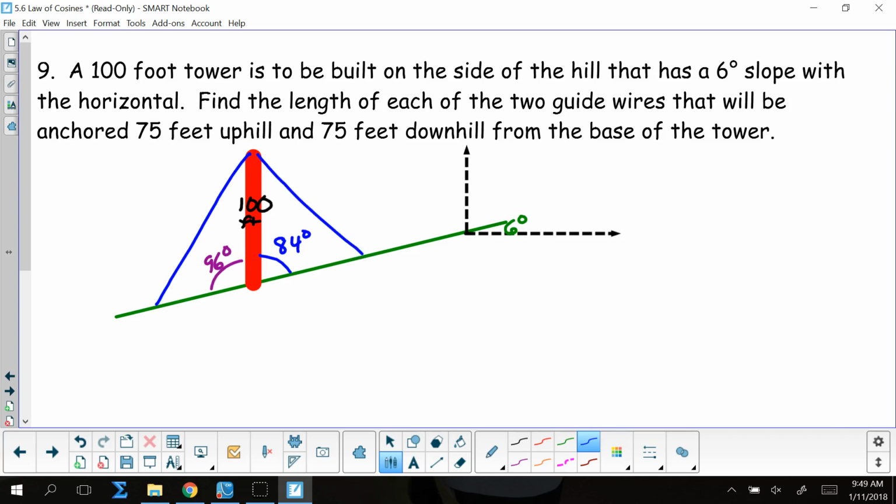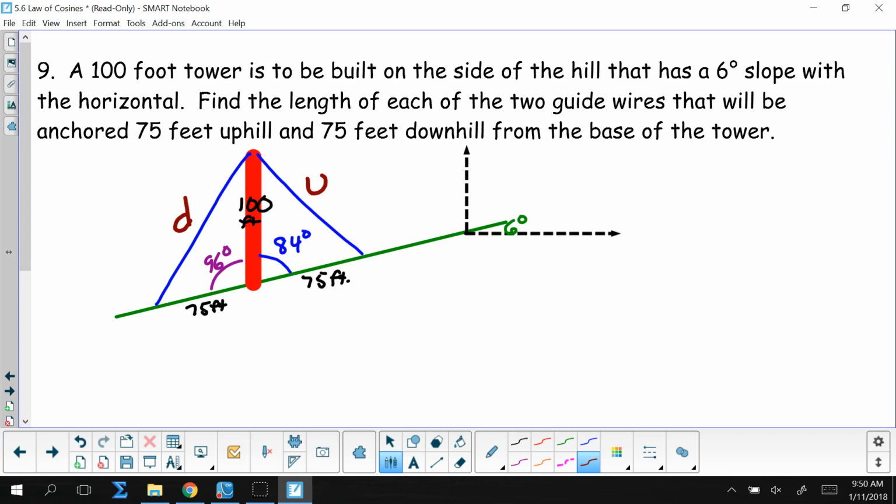And it said that those wires were 75 feet up the hill and 75 feet down the hill. It's asking for the length of each guide wire. So let's call this one U and this one D, U for uphill, D for downhill.